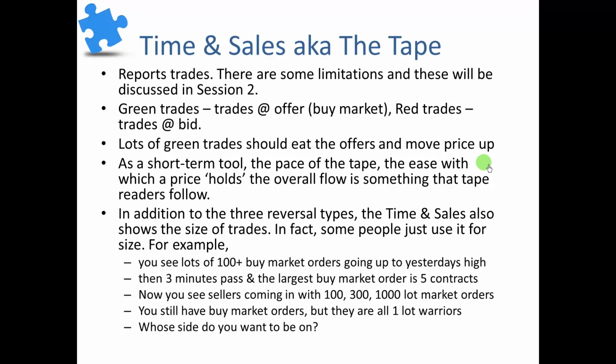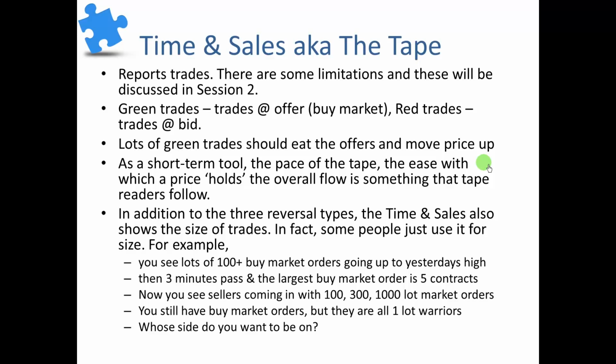Now, with the time and sales, you see the individual trades. And you also get a great feel for the pace of the market. And like the DOM, it is a right here, right now, ultra short term order flow tool. This is not something you're going to use to analyze the overall state of the market and tell what's going to happen in the next 3 days. Okay, this is confirming an entry and confirming the order flow is on your side after the entry.